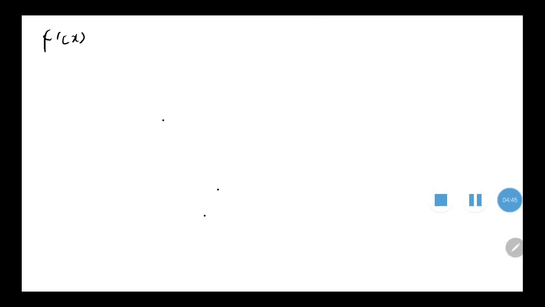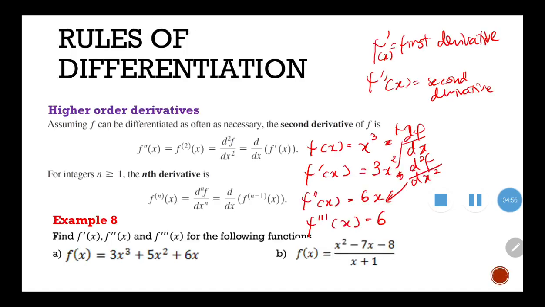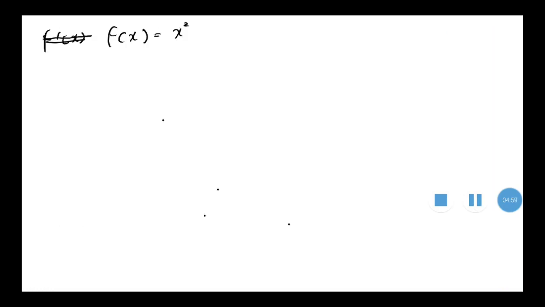Okay, so I think it is not f prime x, I think it is f(x). f(x) is x squared minus 7x minus 8 over x plus 1. So how can we answer this question?